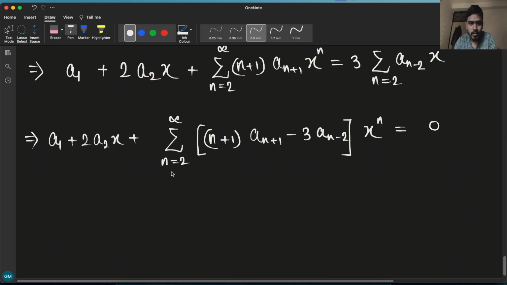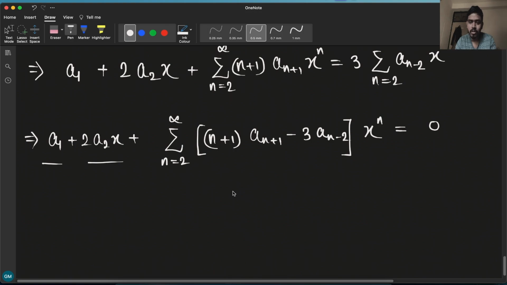Okay, so here it starts with x to the power 2. So x to the power 0 and x to the power 1, these two terms are separate.